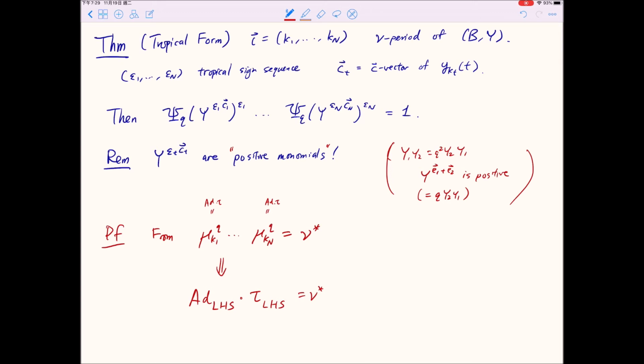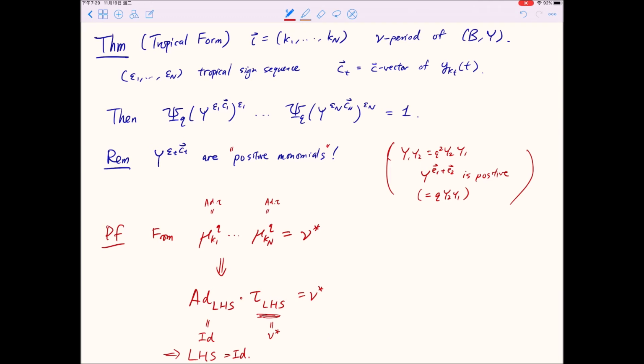But tau are really just monomials, so you can check that the monomial action on the variables will be the same as the permutations that we have, which means that the adjoint action has to be the identity, and then you will get that.